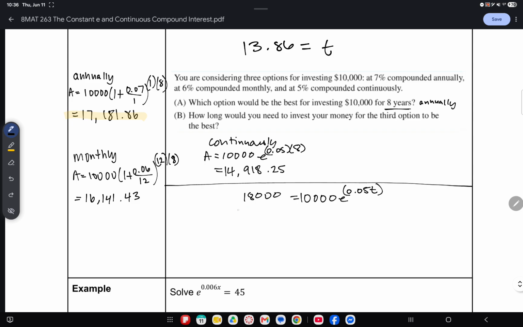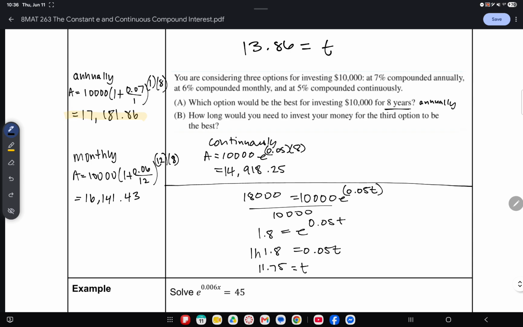So I will, but I want to do something else as well. So divide both sides by that 10,000. And that's going to be 1.8 equals e to the 0.05t, and the natural log of 1.8 is that 0.05t, divide by the 0.05, and I get 11.75.